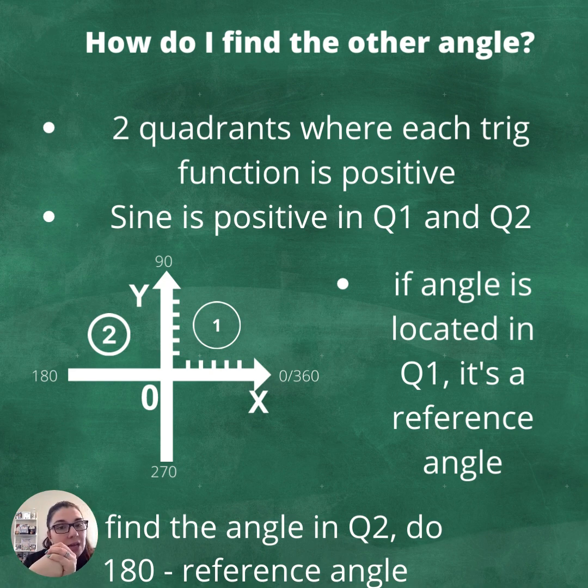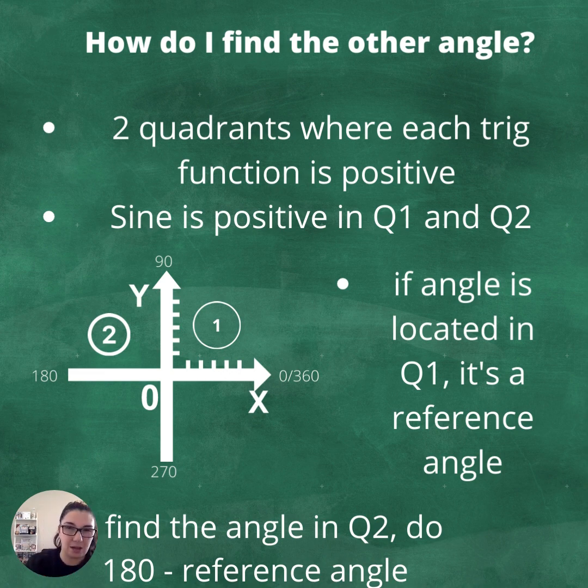So we're going to use that measure to find the angle that's located in quadrant 2. And to do that, you take 180 and you subtract the reference angle from it. So we would do 180 minus 43.63. Because again, if you think about why I'm taking 180, it's because the max in quadrant 2 is 180 degrees. And this is really tying back to the unit circle and reference angles.